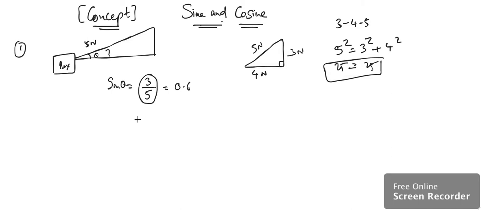0.6. Similarly, when I talk about cos, it is nothing but adjacent, as we say in SOHCAHTOA. So how much the force is breaking down horizontally in comparison to the total will obviously give me 0.8 in this case. I hope with this you have understood the basic idea.